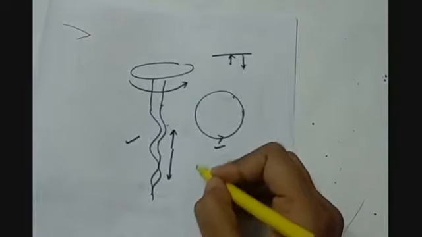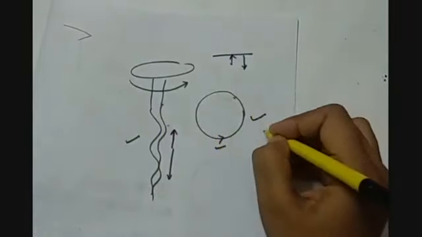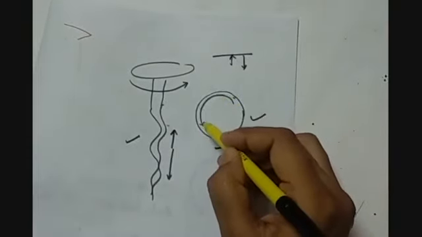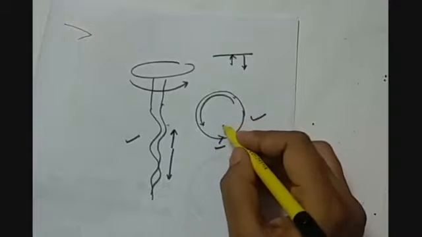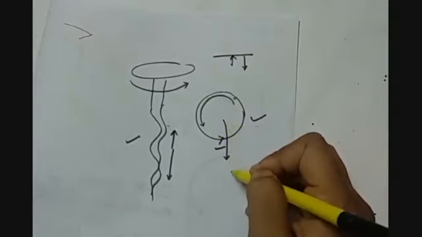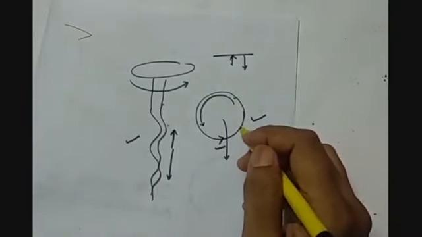That means if we compare the corkscrew with the circular wire having the current, we can say that when the current is in anti-clockwise direction, then the magnetic field lines will come out from the circle. That we have also seen in the clock face rule.